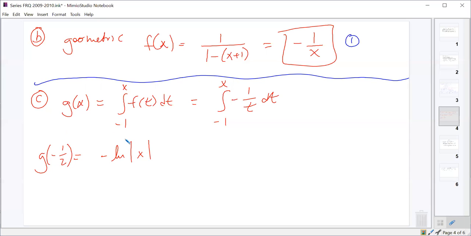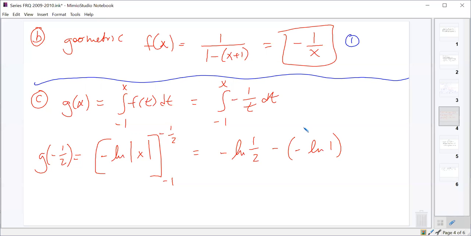Yeah. And so we're just going to evaluate negative natural log absolute value of x from -1 to -1/2. So that should give us negative natural log of 1/2 minus negative natural log of 1 if you take the absolute value of both of those.